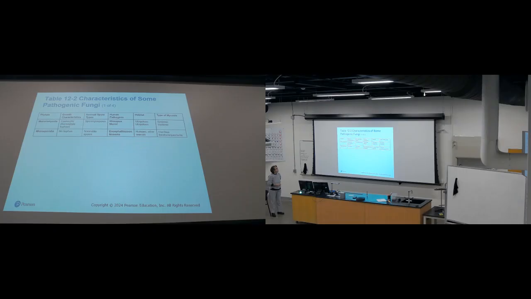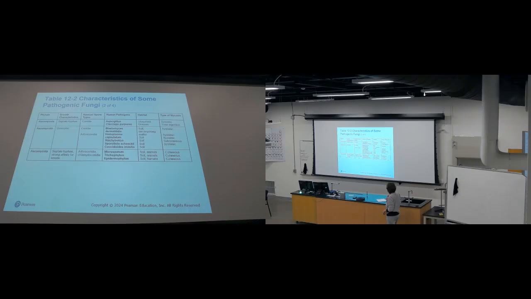Okay, so here we have an overview of some pathogenic fungi, for Mucormycota and Microsporidia. They can be systemic in the case of Mucormycota, or in the case of Microsporidia, more localized but still serious, like diarrhea and keratoconjunctivitis.